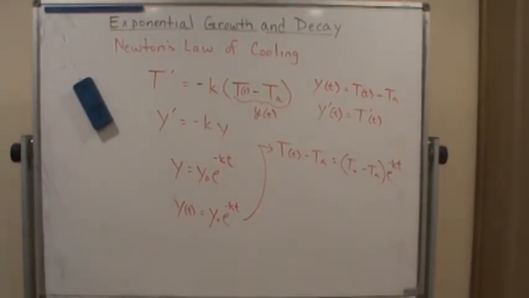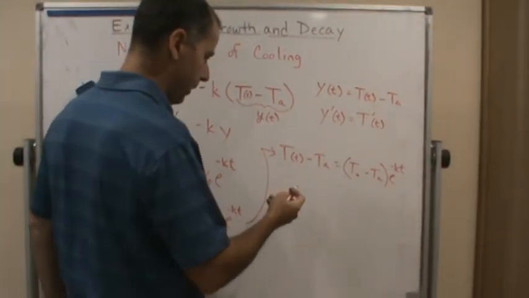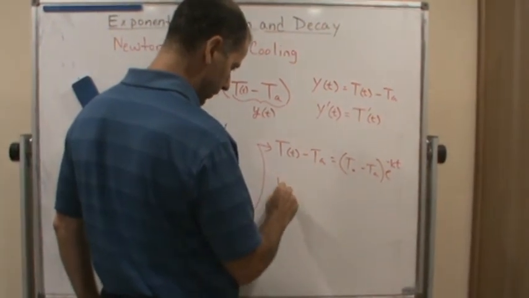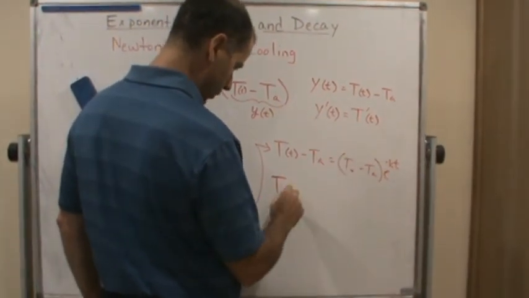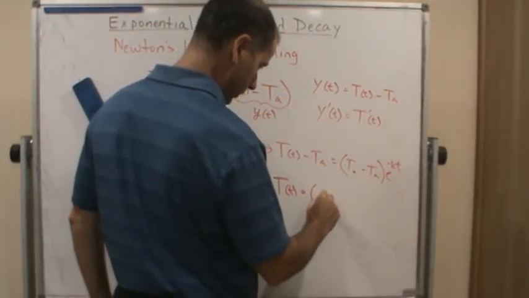And then, of course, I want it in terms of T, so I'm just going to add T sub a to both sides, and I get my final equation.